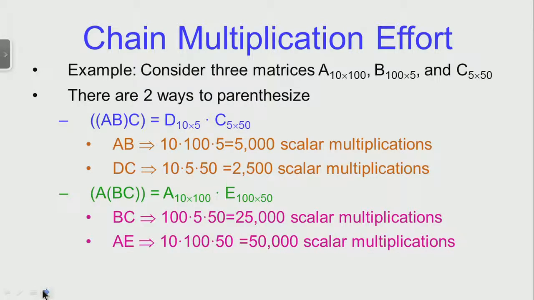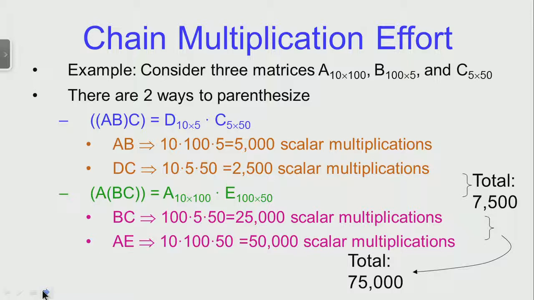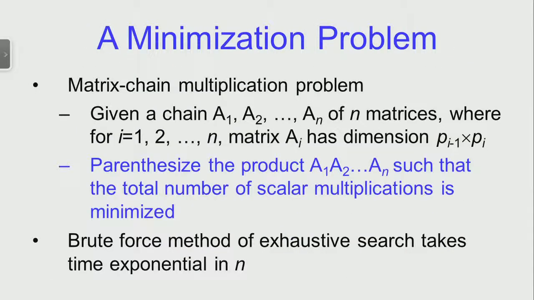The subsequent product of A and E takes 50,000 scalar multiplications, and therefore, we can already see that the first parenthesization uses only 7500 scalar multiplications, but the second parenthesization uses 10 times more, that is, it uses 75,000 scalar multiplications. Clearly, from an efficiency point of view, the first parenthesization is preferred over the second.